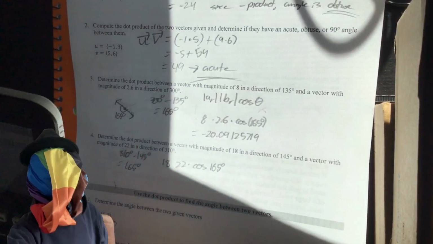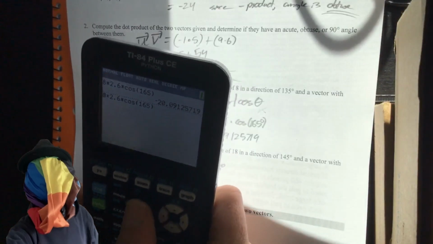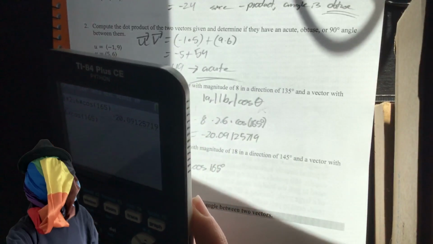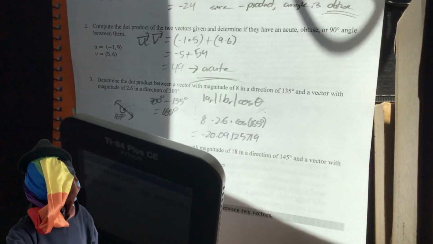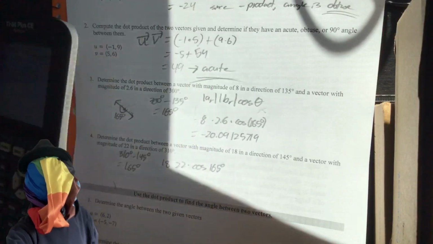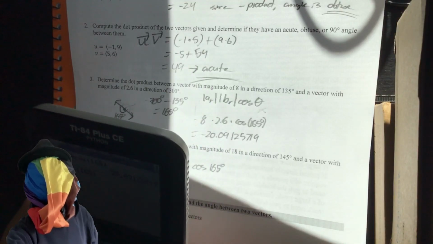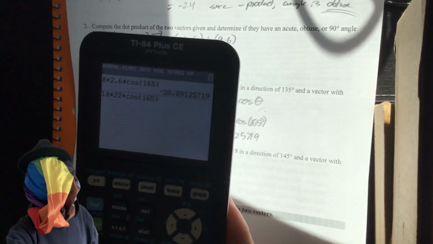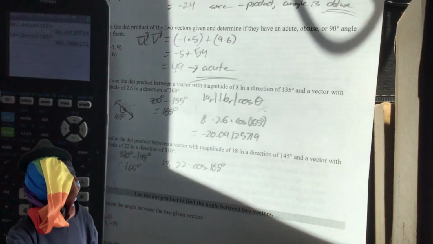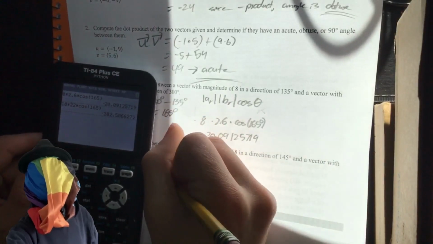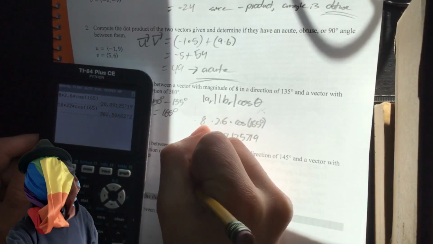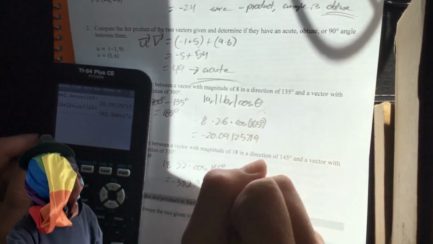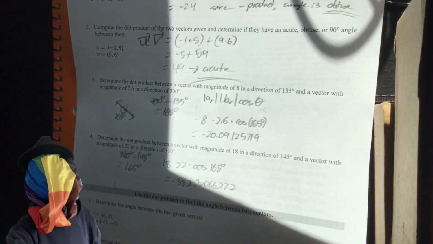We throw that into the calculator. 18 times 22 times cosine of 165. You get negative 382.506627. So that's math. Okay.